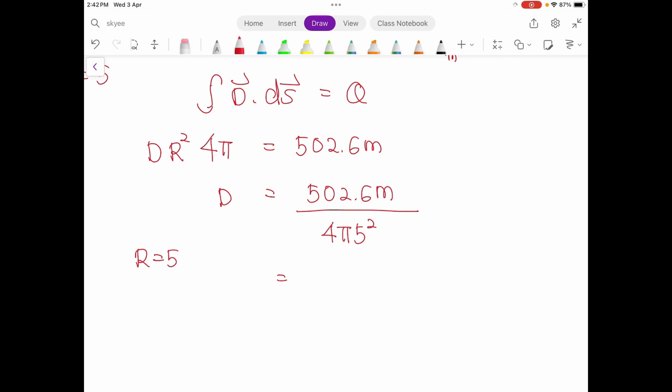So you will get 1.6 milli coulomb per meter square. You have to do some correction on the answer. So it's in the R direction. This will be the electric flux density coming out at the position R equals 5.